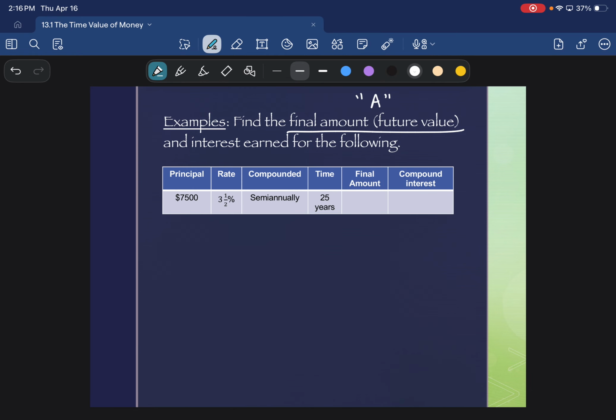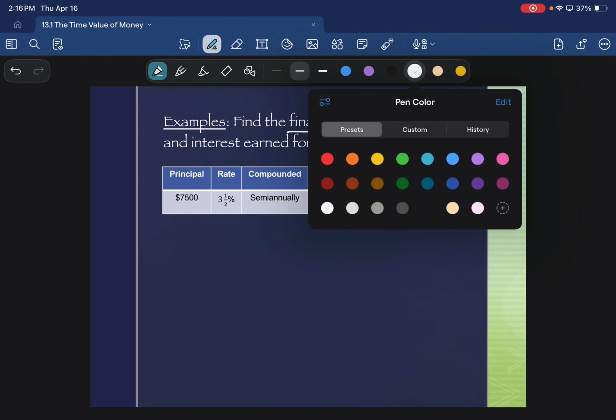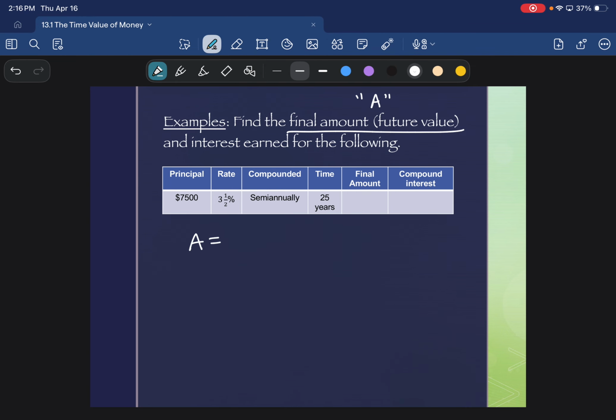All right, so in the chart is all the details that we need for that formula. Let me write the formula on the screen first. The formula we're looking at is A equals P times (1 plus R over N) to the NT. Looking at the details above, what is the 7,500 in terms of these letters? That's P. Okay, so it exactly is.